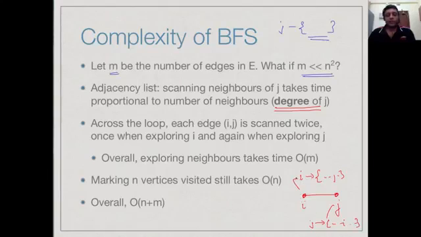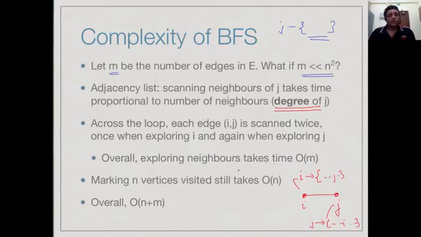In other words, if I take all the adjacency lists of all the vertices, each edge will be represented twice. An edge ij will appear as an entry j in the list for i and an entry i in the list for j. So while it is not easy to count per iteration, if I count across all iterations, I will explore each edge exactly twice. So 2m is order m. So overall, exploring the neighbors across all n iterations takes time O(m).